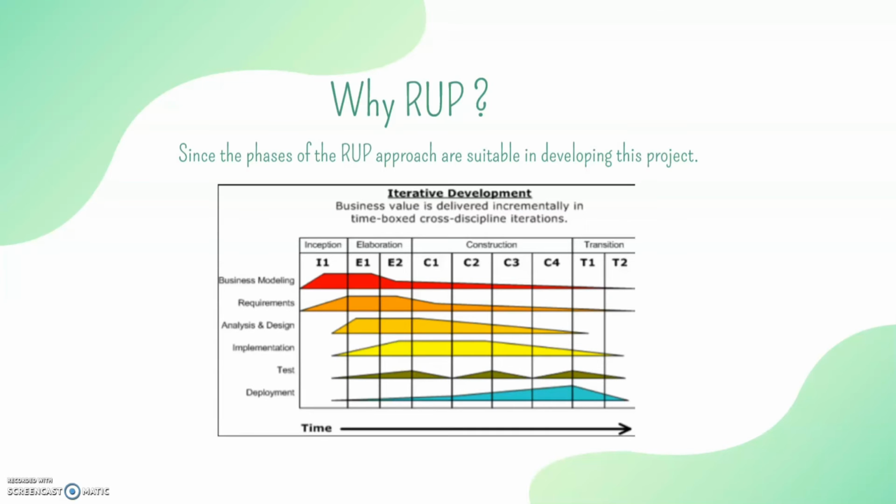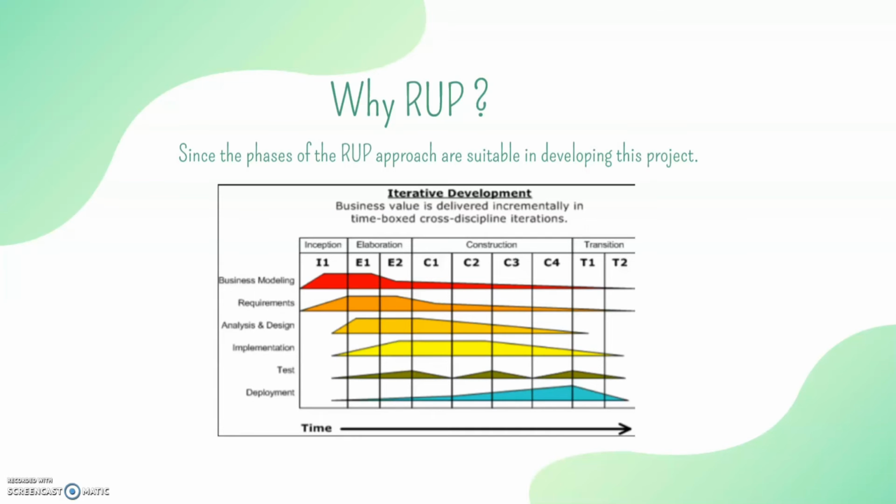But from the elaboration phase, we do the business modeling and requirements again, if there is a need to do that, and then we do the analysis and design, then implementation. We do mostly the analysis and design and implementation in the elaboration phase, and we can go on doing the iteration again and again until we get the correct one.